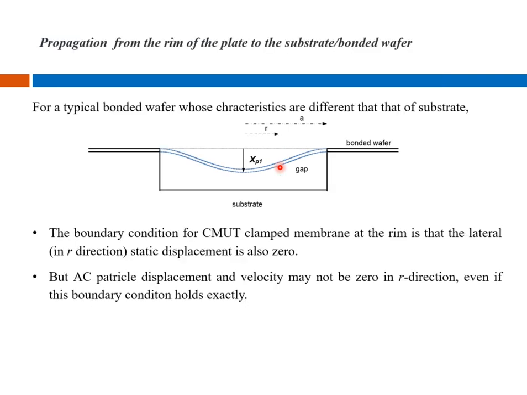or the acoustic loading. All right, now, for a typical bonded wafer whose characteristics are different from that of the substrate, we have two boundary conditions. One is that for static displacement, you don't have any. But for example, when you bond the silicon wafer with that glass, and this is the glass substrate at the rear, we have a glass substrate, and then we have an etched cavity of a certain gap height.